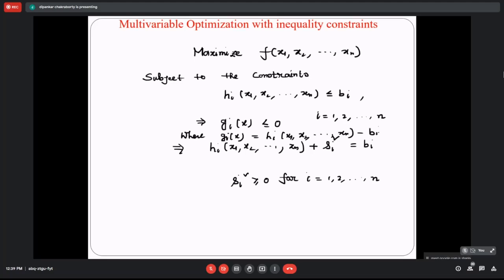You can also write down this g_i of x. Okay to all of you? And that means this constraint will then move to g_i of x1, x2, ..., xn plus s_i squared is equal to 0. Is it fine to all of you? Any doubt if you have, please ask me.